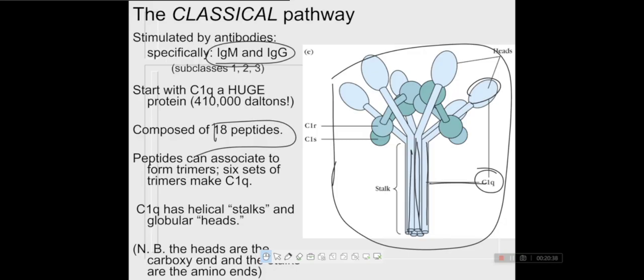The heads are the carboxy end and the tail is the amino end, which means this is the amine group and this head is the carboxyl group. Okay, clear?